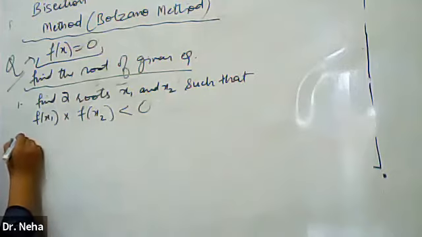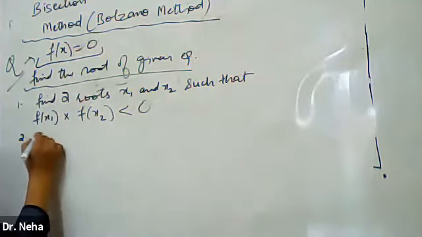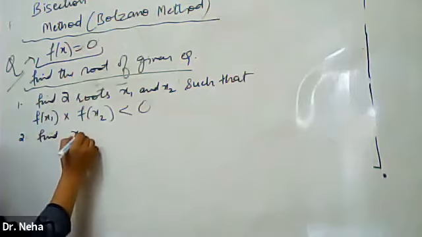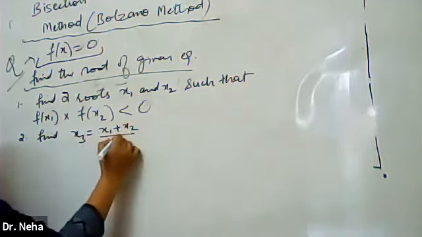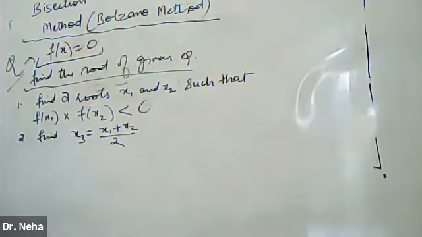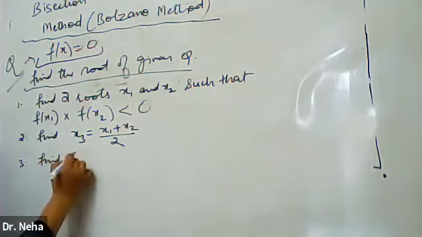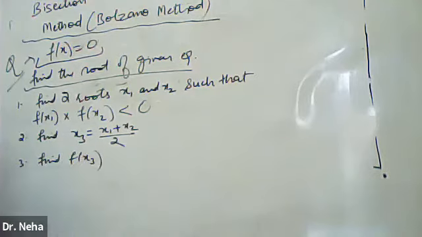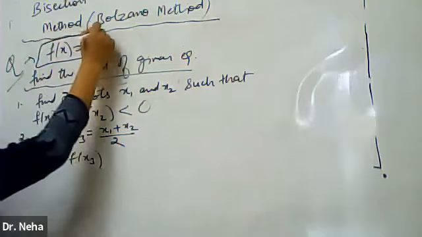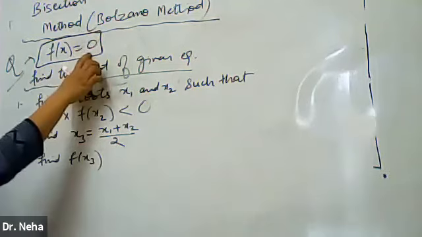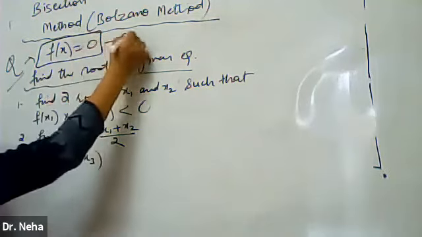Step number 2, find x3. How to find x3? x1 plus x2 divided by 2. Then step number 3 is find fx3. fx3 means put x equal to x3 in the given equation. Fx equal to 0, you can mark it as equation number 1.